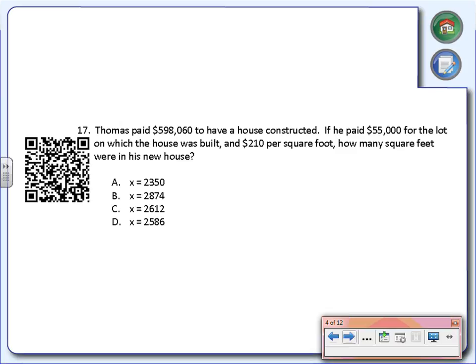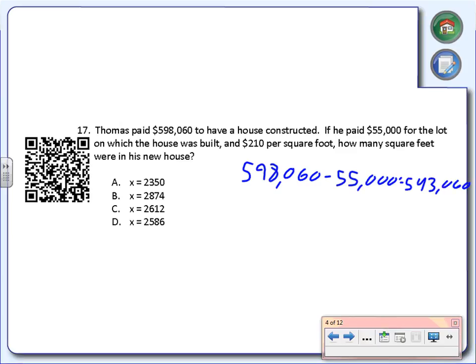I took the original price, $598,060. All righty, that's the original price. And subtracted 55,000. Yep. And that equals 543,060.